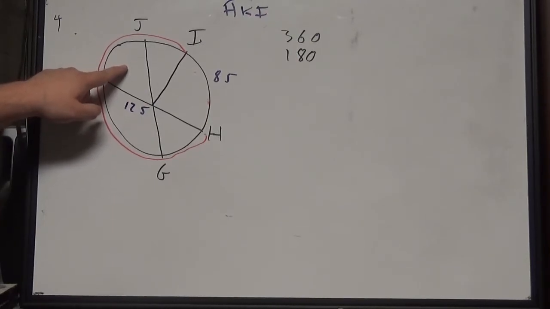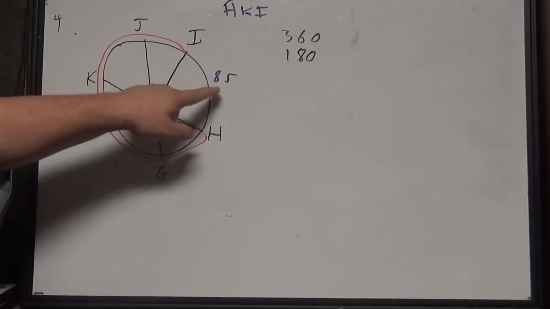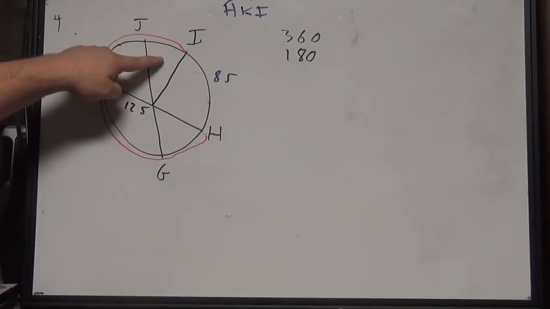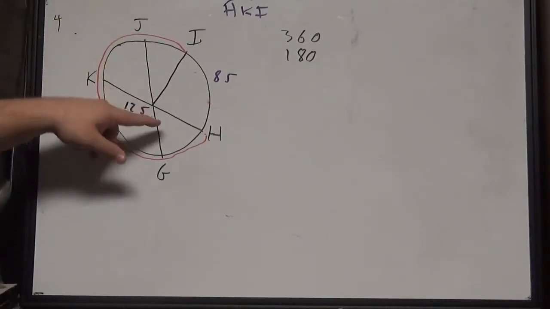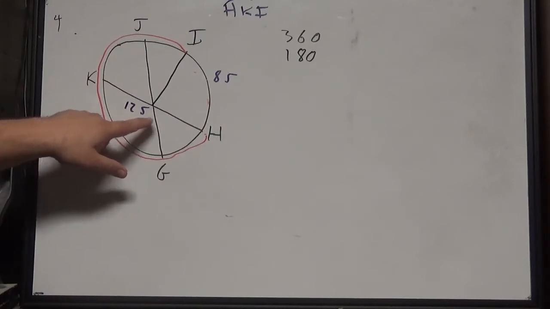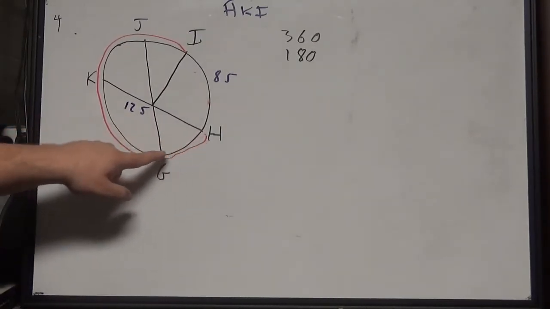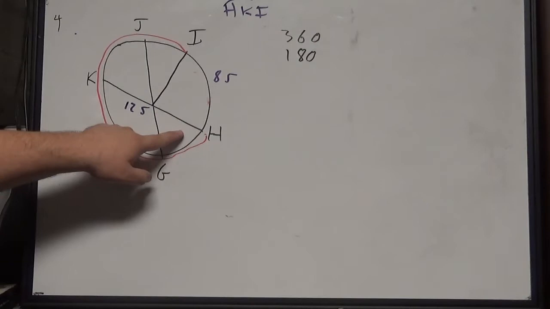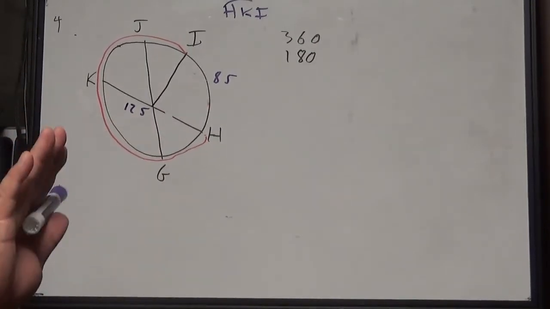That would be 55. And then I could say 55 plus 85 equals X. I could find that this segment must also be 55 because 125 plus this is 180, and again 55.